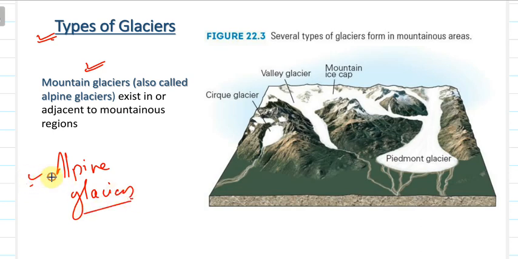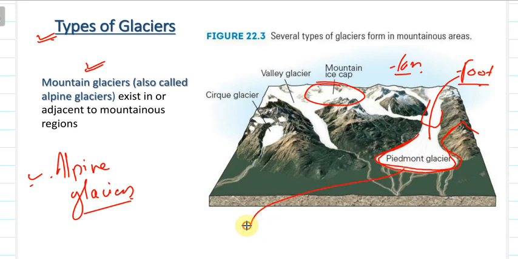Now when this glacier is present at the foot of the mountain, you can see this is the mountain, and it is like a fan, right, an alluvial fan. So similar to that, when this glacier reaches the foot of the mountain, at the base of the mountain, it just expands like a pancake. Okay, so this type of glacier is known as Piedmont glacier.